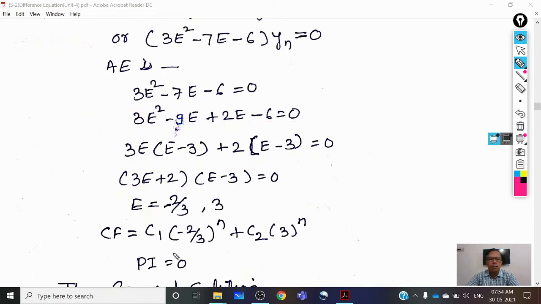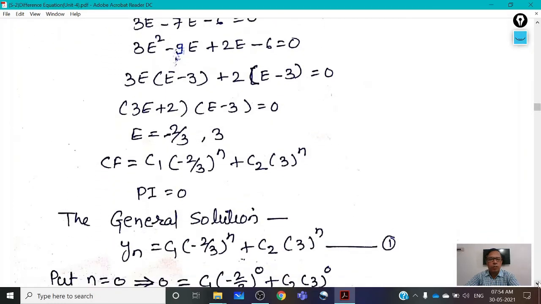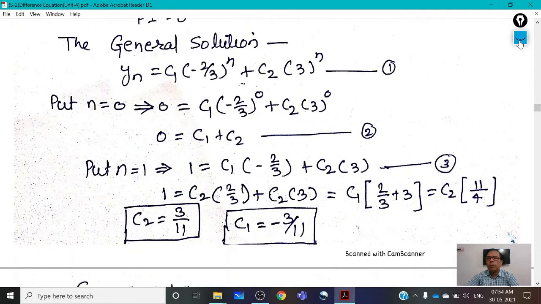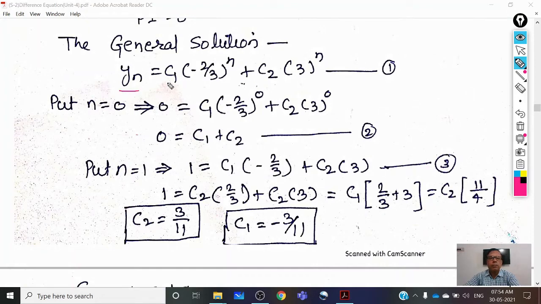CF is C1 (minus 2 by 3) power n plus C2 3 power n. Phi(x), the right hand side, is 0. So the general solution is yn equal to C1 (minus 2 by 3) power n plus C2 3 power n.